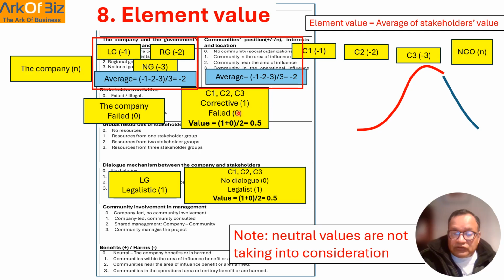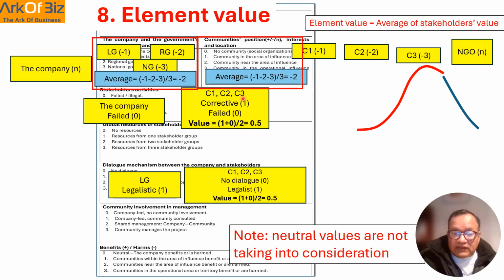So first of all, we need to calculate the average for this group: 1 plus 0 divided by 2 is 0.5.